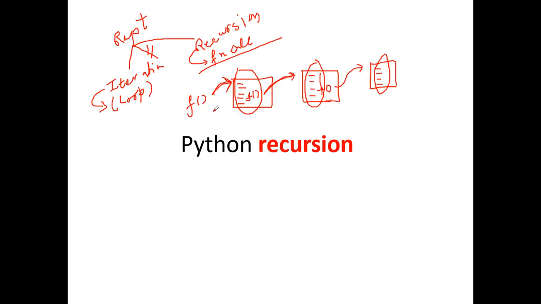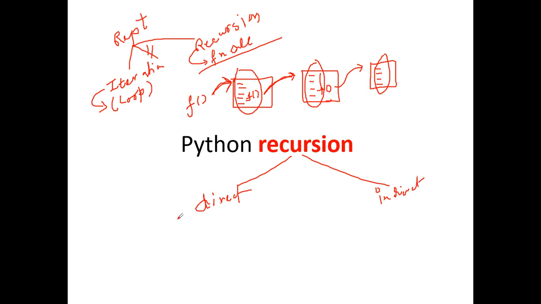Using function call, we are actually implementing the concept of recursion. So recursion can be classified into two different approaches: one is direct, and another is indirect.